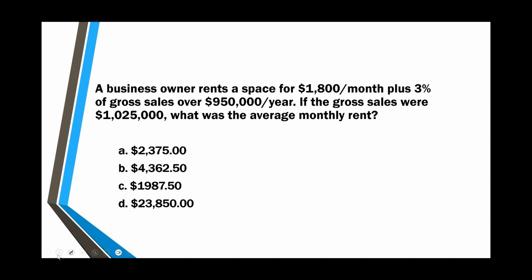So remember, with a percentage lease, you're paying a base rent plus 3% of anything over the 950,000 in this question. So we want to figure out how much did we make over 950,000. So that would be 1,025,000 minus 950,000.